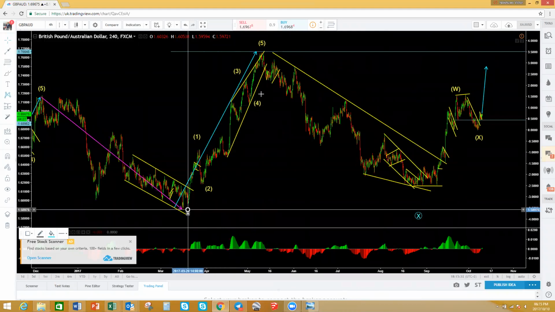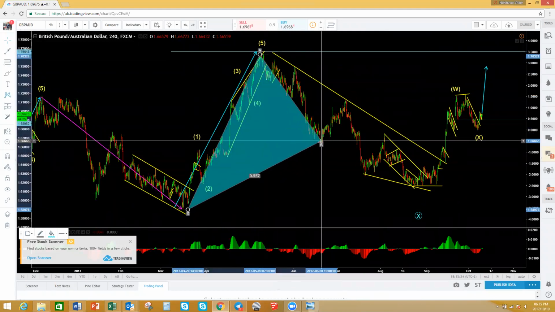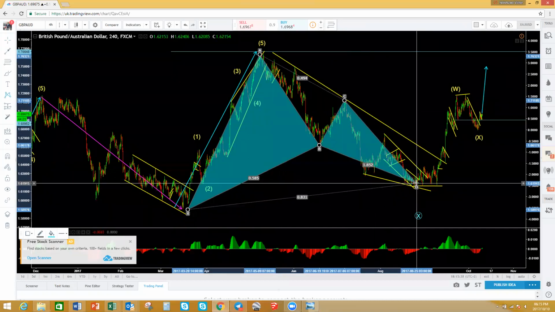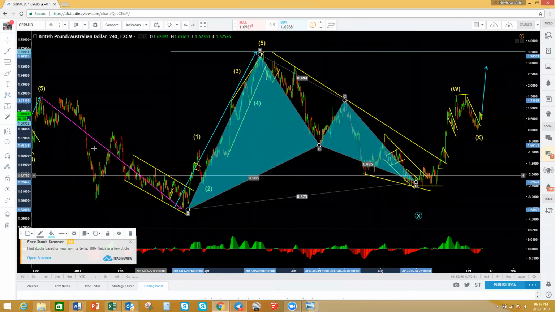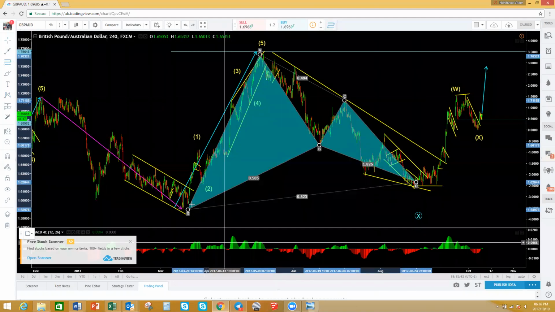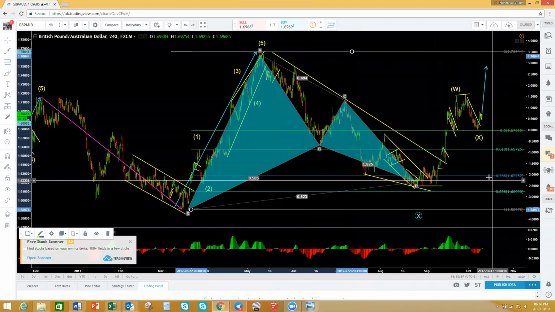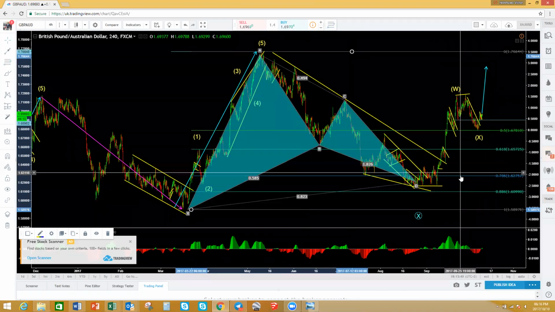Another pattern, this is a harmonic pattern, a Gartley pattern, and we took it right there, somewhere around here, just above here, and that is at the 78 area. You just look with the fib here, the 78 is there and the 88 is there.